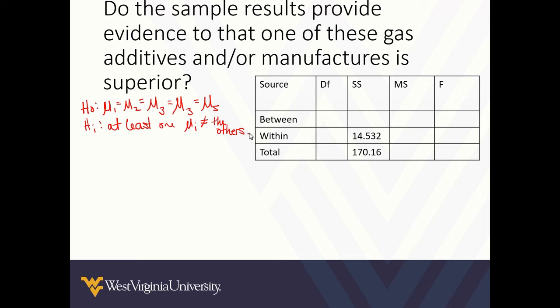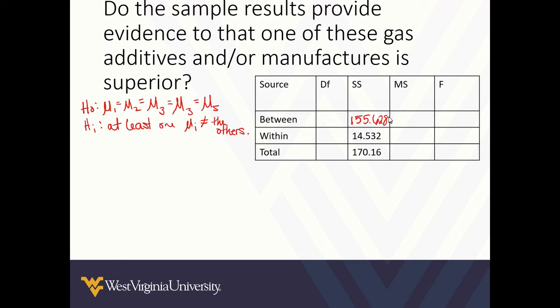We can recall that our sum of squares between is equal to our total sum of squares minus the sum of squares within. So this would be 155.628.